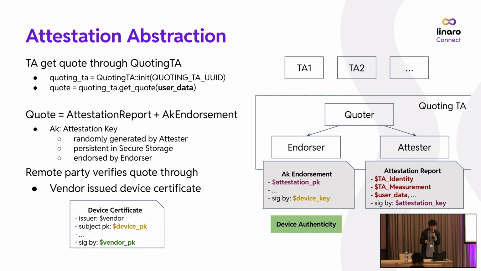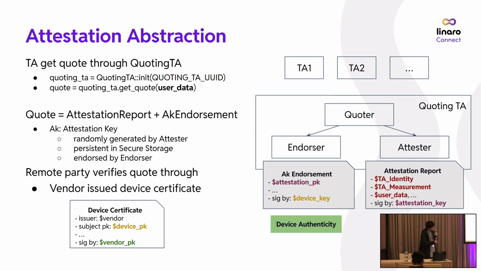Inside the coding TA, we have the attester abstraction, which adapts to the existing primitives available in the OP-TEE OS. And we also have an endorser abstraction, aiming to deal with vendor-specific secret provisioning.